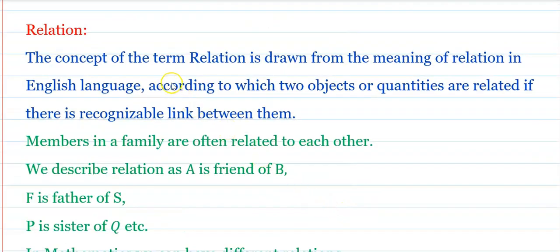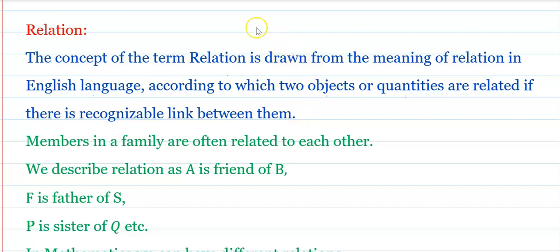Now the next concept is the relation. This is also very important. The concept of the term relation is drawn from the meaning of relation in the English language, according to which two objects or quantities are related if there is a recognizable link between them.